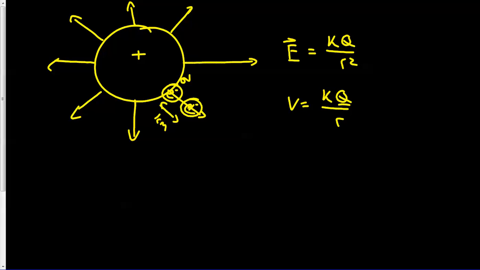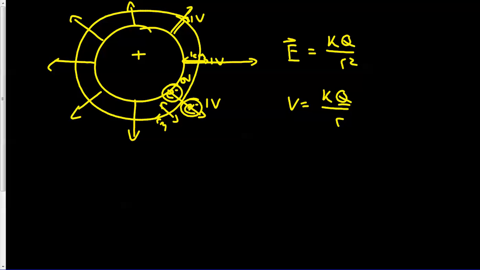So let's say it works out to be 1 volt. But what's interesting about that is if I go 1 centimeter away this way, I get 1 volt. And then 1 centimeter this way, I get 1 volt. And so basically everywhere around here that's 1 centimeter away from the surface ends up being at that 1 volt.